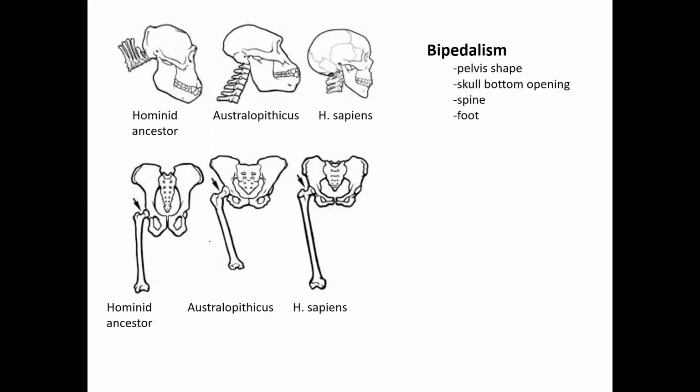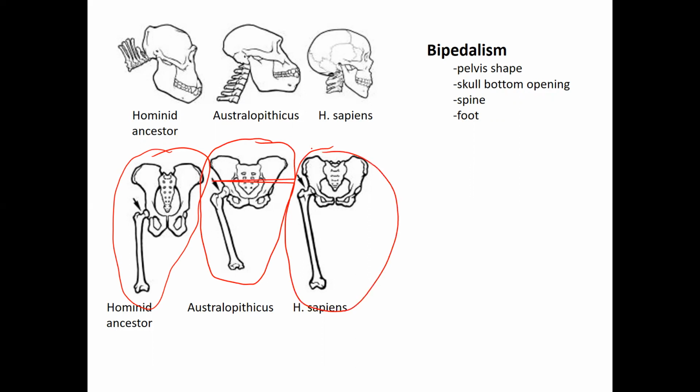So with bipedalism come different morphological changes in the skeleton. We have changes in the shape of the pelvis, as you can see from hominid ancestors. These are other apes, to Australopithecus, the first known hominid, to modern day humans. You see a change in the hip structure.